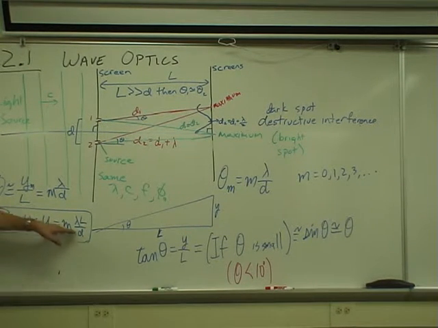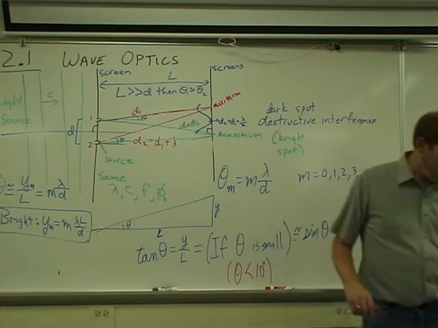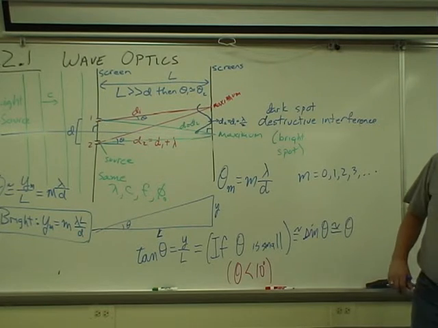As long as the angle's small, less than 10 degrees, I can use this formula to find the location of all the bright spots.